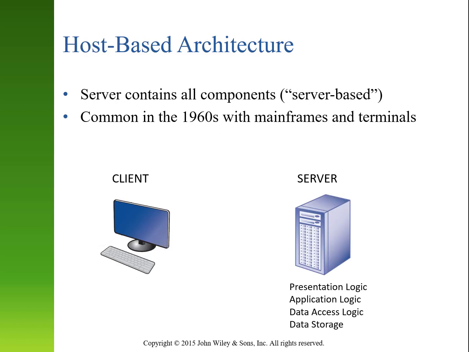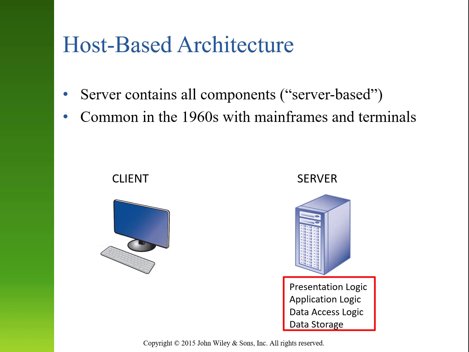The oldest version of our application layer architecture is a host-based architecture, and this is where almost everything happens on the server. Back in the early 60s, when we first introduced mainframes with terminals that were connected to those mainframes, everything happened on the server, the large computer that was far away from the user, and the only thing that really happened on the client was input and output.